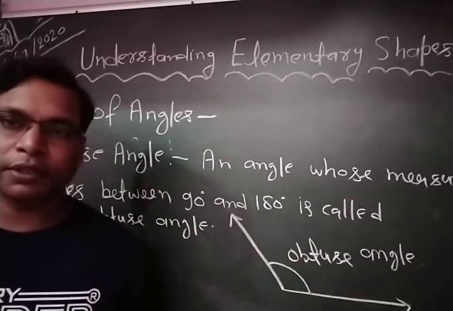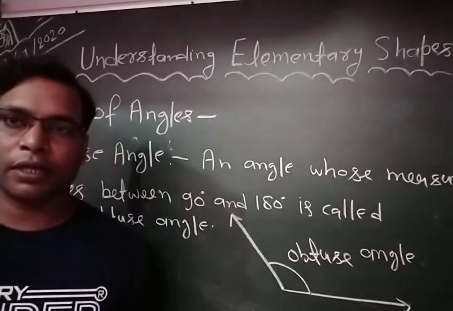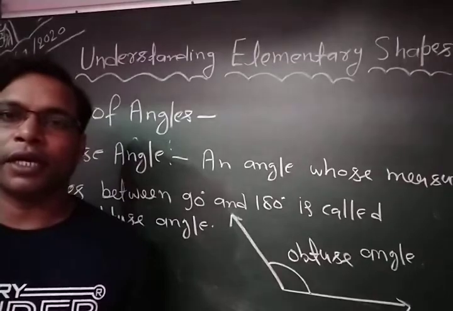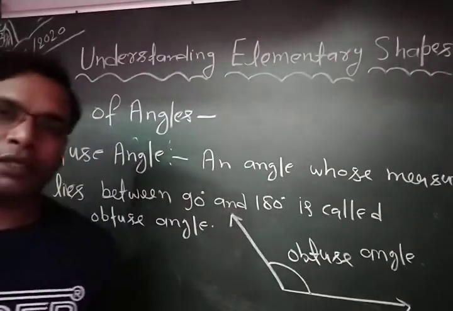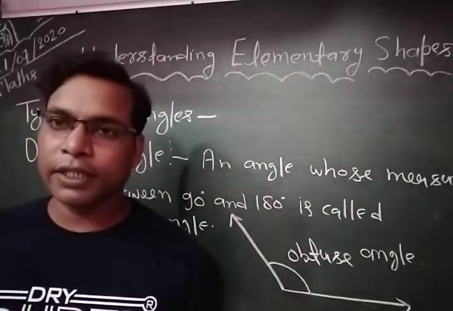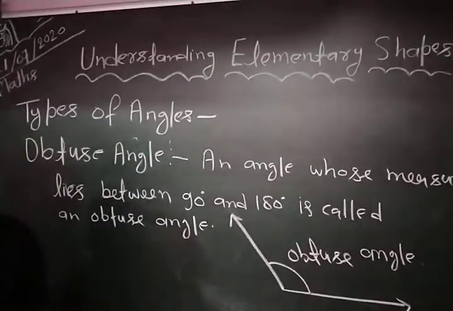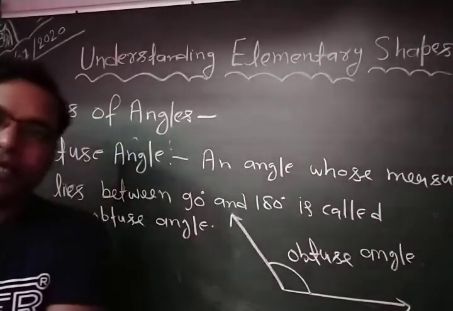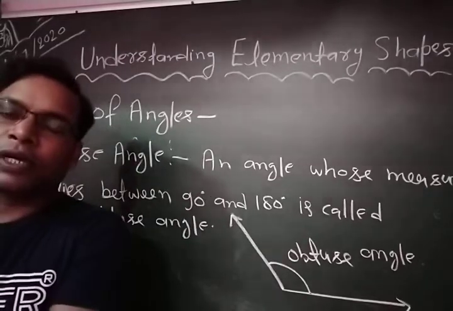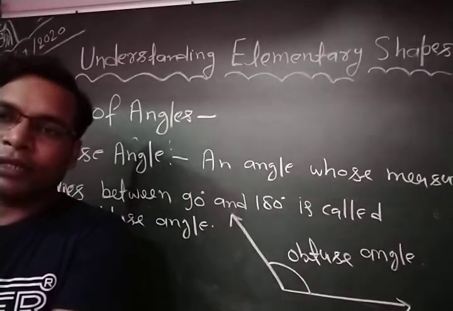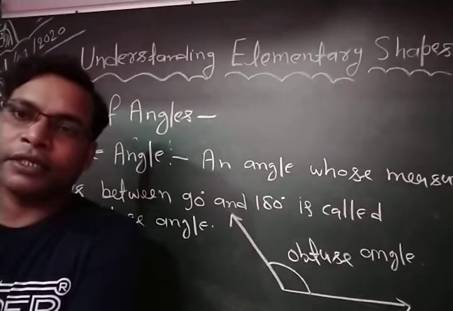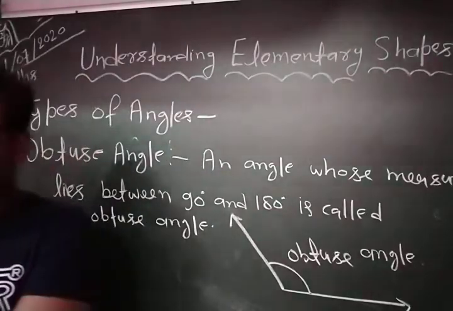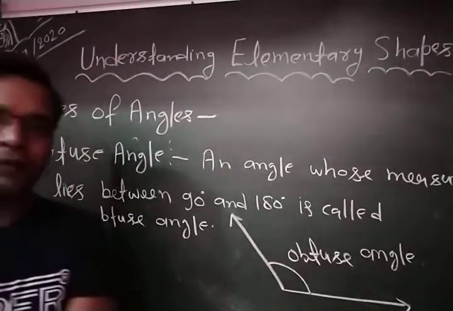What is an obtuse angle? An angle whose measure lies between 90 degrees and 180 degrees is called an obtuse angle. Clear? It means that an obtuse angle varies to greater than 90 degrees and less than 180 degrees. Clear?